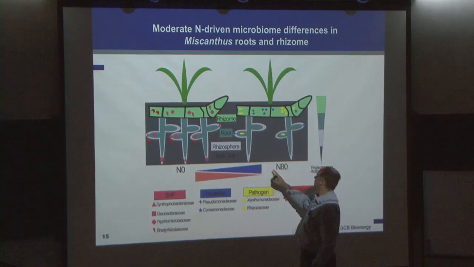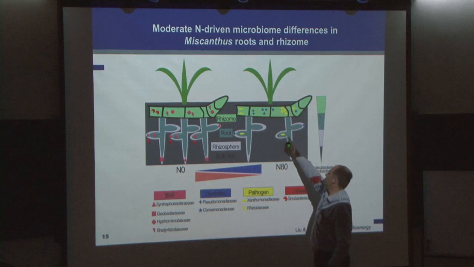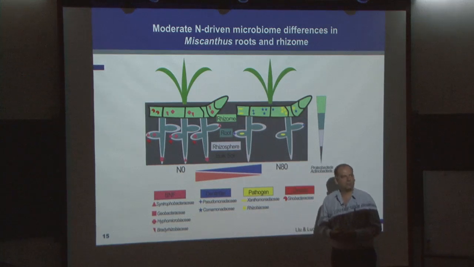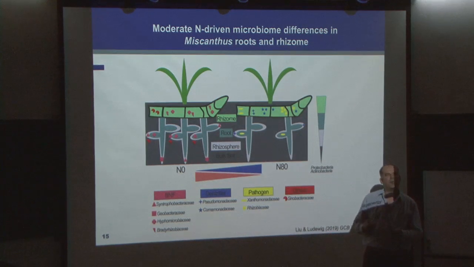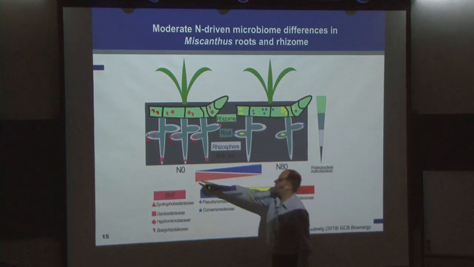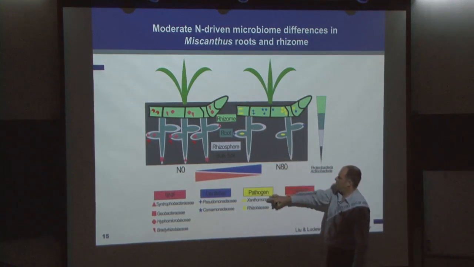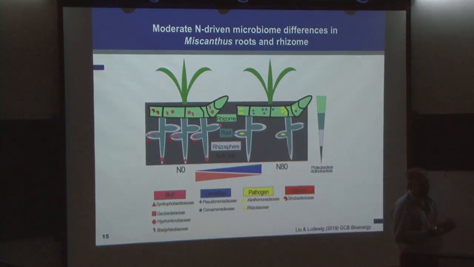By contrast, in the N80 plots, roots and rhizome, we find that some denitrifier families are more abundant than in the N0 plots. And that's something also related, maybe to diseases or disease protection, that is very difficult to say from this kind of analysis, but there's also some indirect effect, maybe also on the immune system.